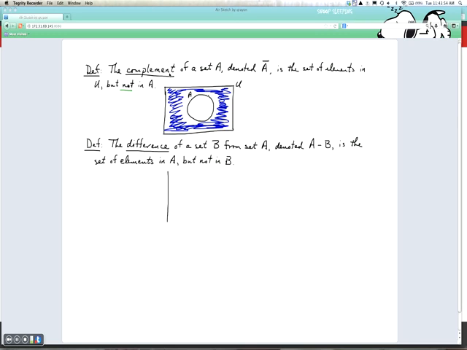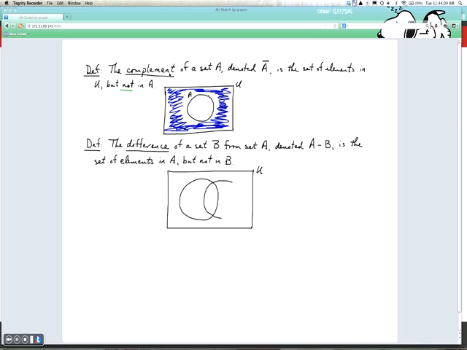Okay. So again, if I'm drawing a Venn diagram, and I'll get both sets in this time. A universal set.